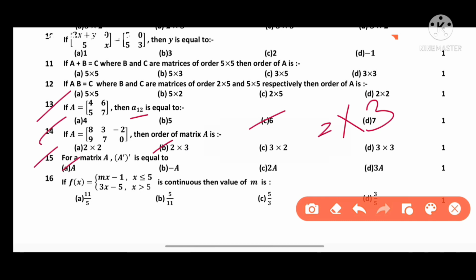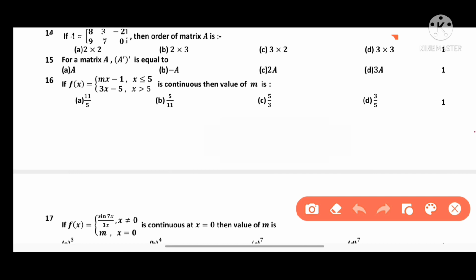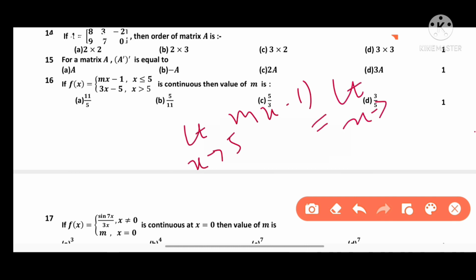By using definition of continuity, limit x tends to 5 of mx minus 1 is equal to limit x tends to 5 plus of 3x minus 1.